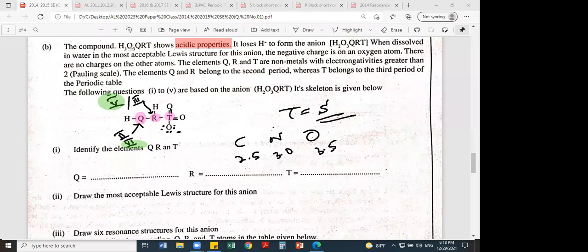There are no charges on there. Because it can't be oxygen again, then there will be a problem with this oxygen.